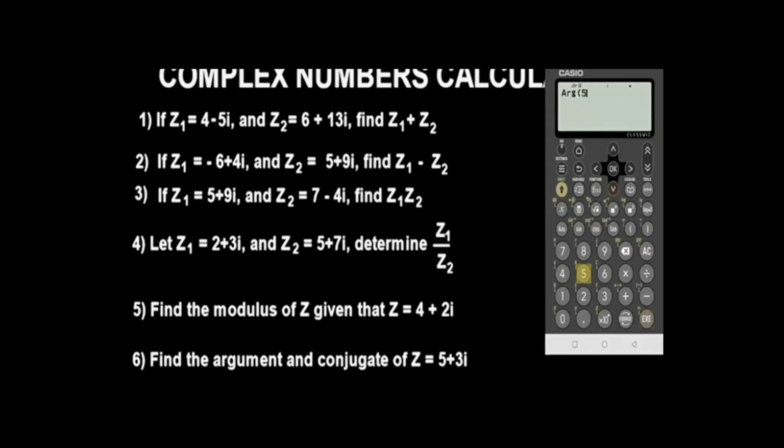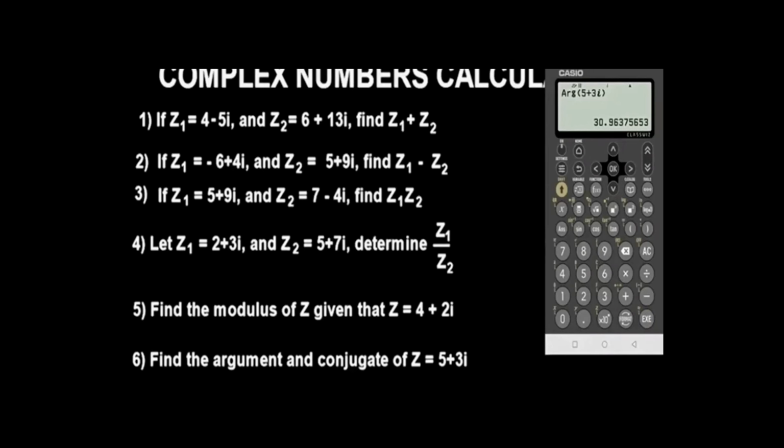Of 5 plus 3i, shift and this button. So that's it, close the bracket, press execute. So the argument is what? 30.96. So this is the value in degrees.